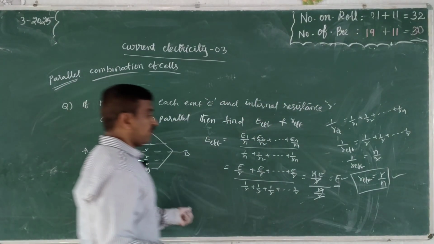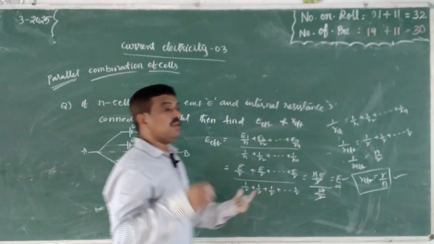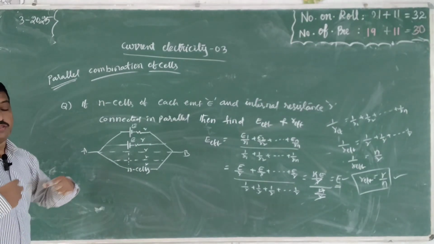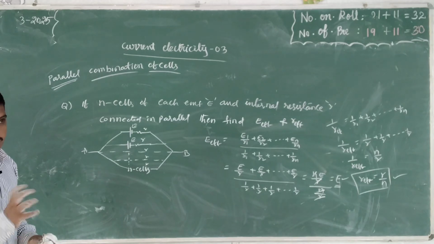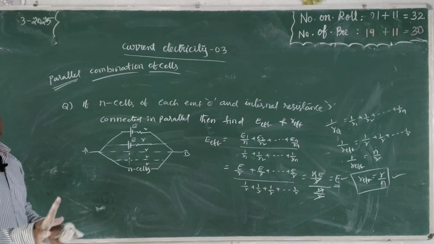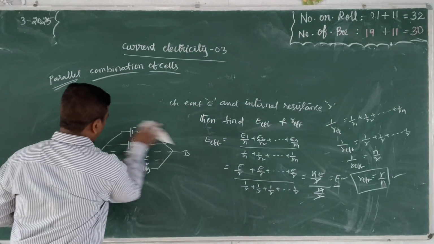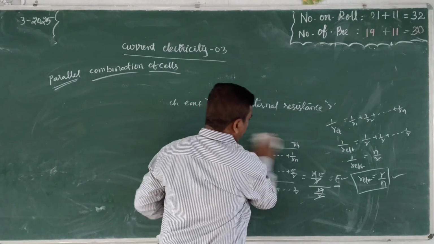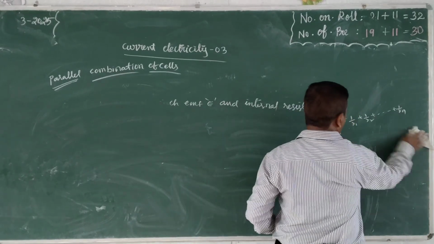The net EMF is E only, the EMF of one cell, when the cells are connected in parallel with the same magnitude. And the effective internal resistance is the resistance divided by the number of cells, R by N.